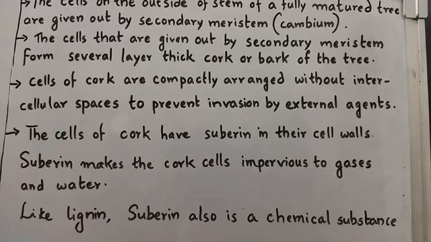As suberin is impervious to water and gases, it makes the cork cells impervious to gases and water. Like lignin, suberin is also a chemical substance that helps in hardening or stiffening of the stem.